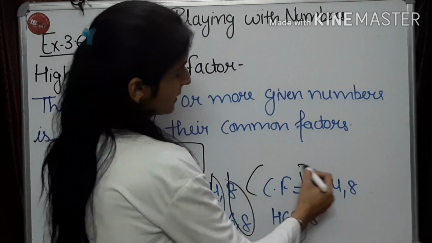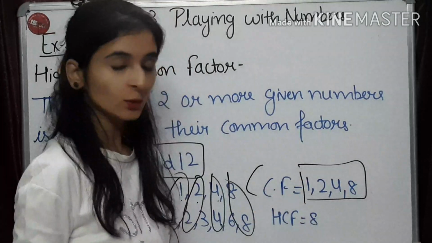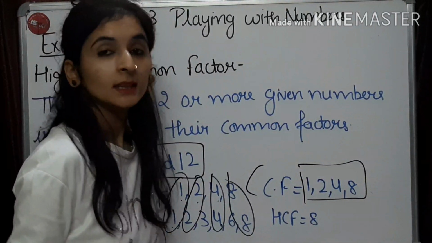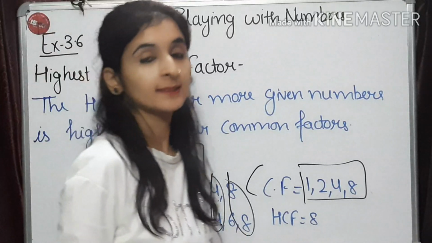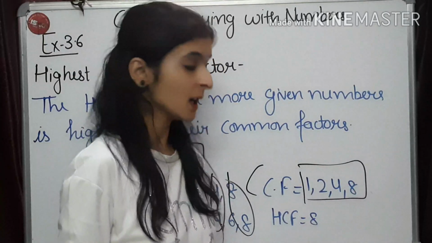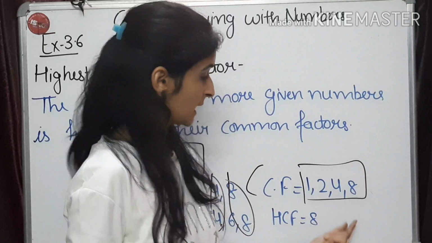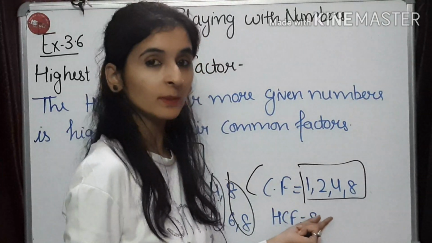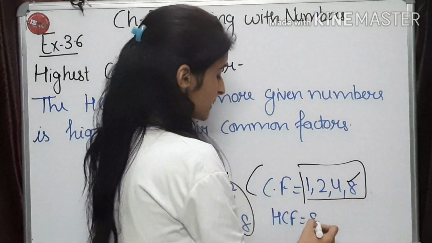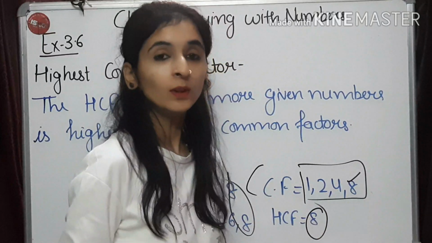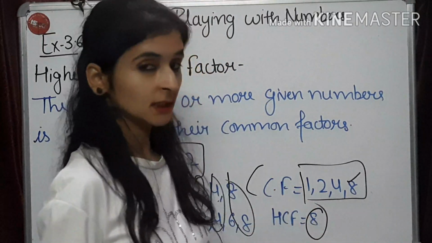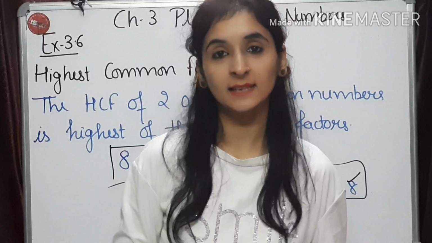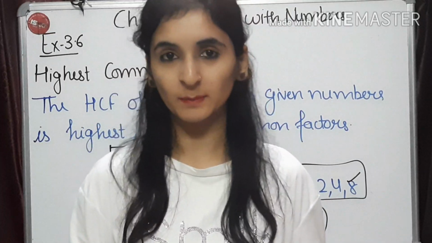So these are the common factors of 8 and 12. Then what about HCF? HCF is the highest number among the common factors, and the highest among these is 4. So the HCF will be equal to 4. This is the method to find the HCF by the common factors method.